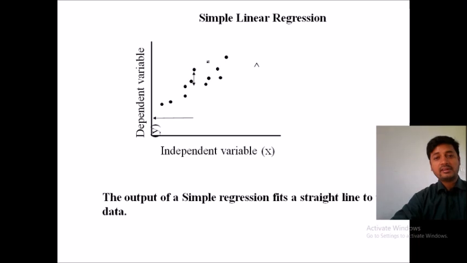Look at this scatter plot of dependent and independent variables. Having the data, we are going to predict a line which should be most suitable, such that the total sum of differences between the estimated dependent variable and the actual dependent variable should be as low as possible.